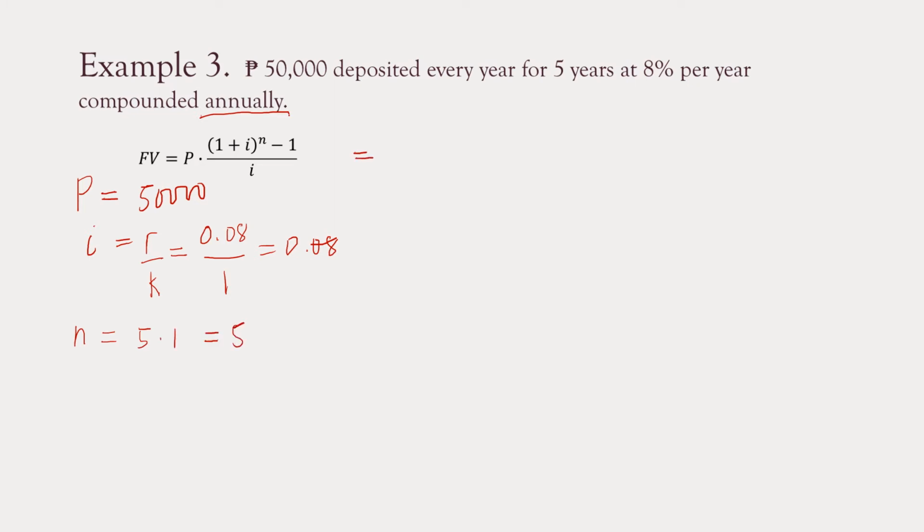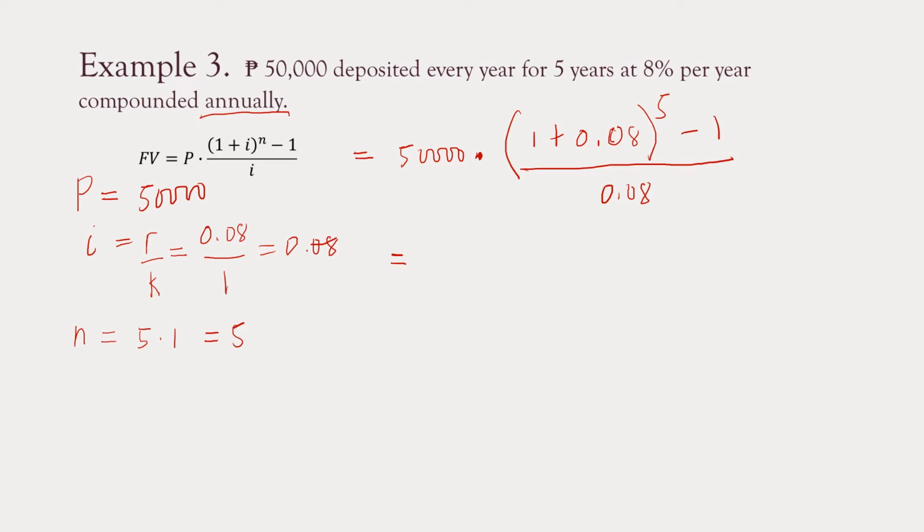So, let us now substitute this. We'll have 50,000 times 1 plus 0.08 raised to 5 minus 1 over 0.08. Kung i-compute yan sa calculator, ang uunahin mo ay 1 plus 0.08 ka muna. So, 1.08 na. Raised to 5.